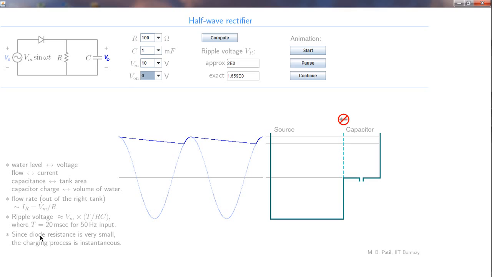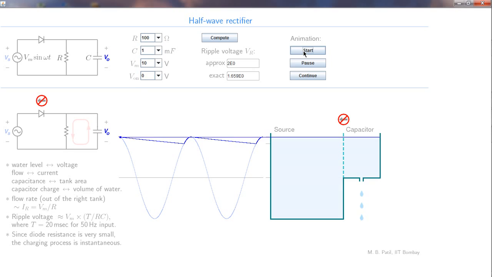Also, since the diode resistance is very small, the charging process is instantaneous, as we have already remarked earlier. So with these in mind, let us now look at the animation. We will just let the animation run for some time and then comment on what's happening. So just observe for 2 cycles.